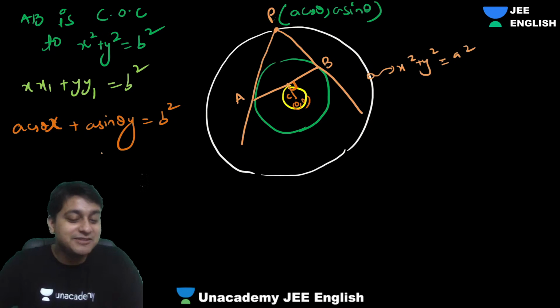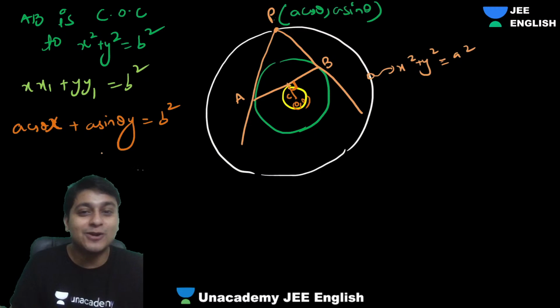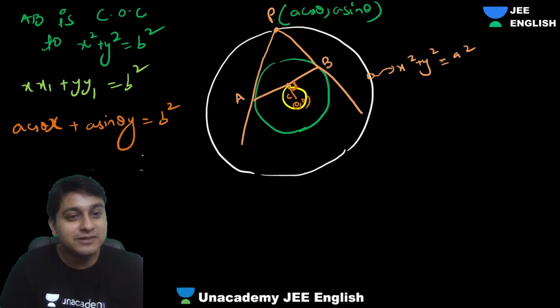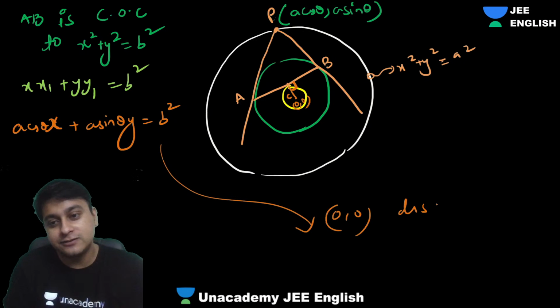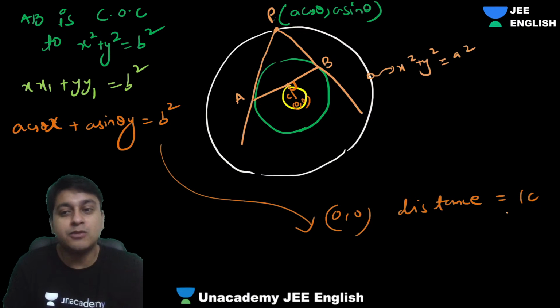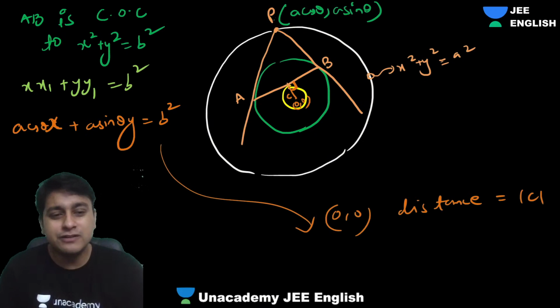Isn't it an amazing problem, guys? Yes. So from this line, from 0, 0, the distance will be c. We could take mod c, but obviously the lengths are positive, so we need not keep the mod here, because these are radii.